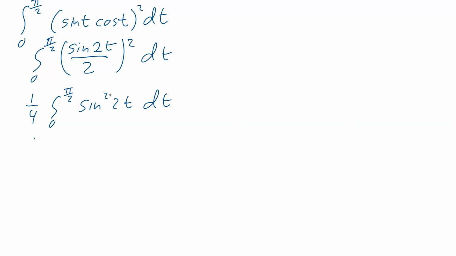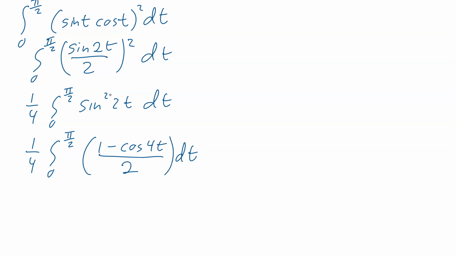All right, so 1/4, 0 to pi over 2, 1 minus cosine 4t over 2. And so we'll pull that 2 out, and now it becomes 1/8, 1 minus cosine 4t dt.